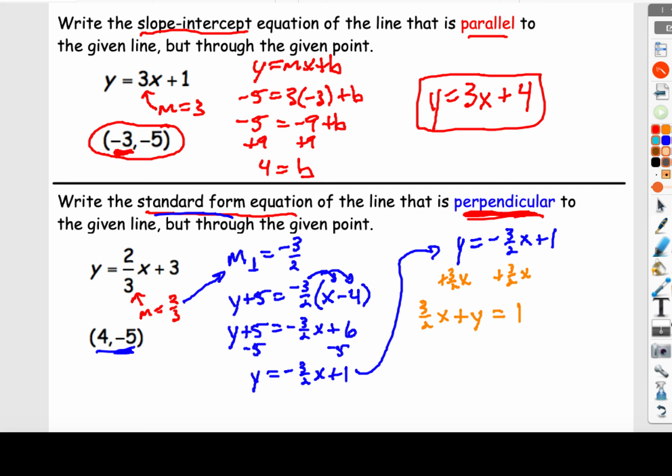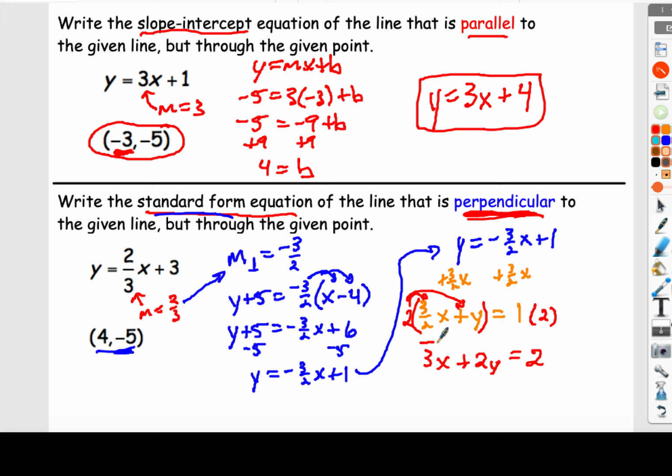But now I also want to get rid of that half on the bottom. I'm not worried about the 3, but in standard form, we should have integer coefficients. So I'm going to multiply by 2 on both sides of my equation. 2 times 3 halves just becomes 3x. 2 times 1 is going to be 2y, and 2 times 1 on the right would be a 2.